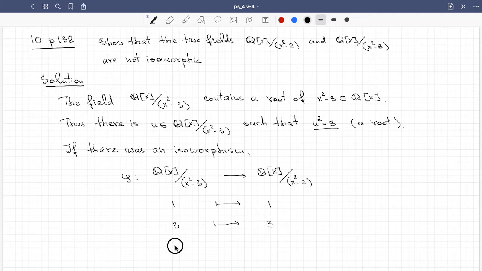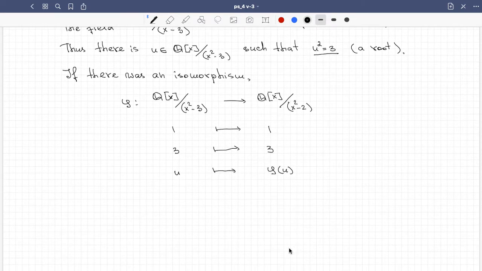And u will map to something which we call phi of u. Now, phi is an isomorphism, a homomorphism at least. So what will happen with u squared? Phi of u squared must be equal to phi of u squared. At the same time, u squared is 3.